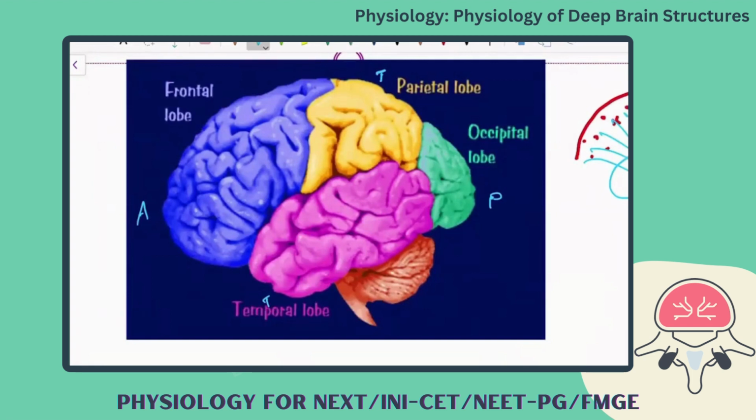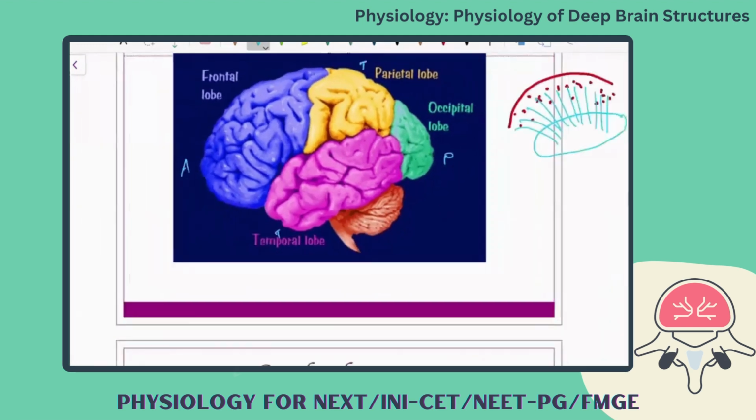You have two cerebral hemispheres, right and left. Both are connected together with the help of a structure called the corpus callosum, not dura mater, which is the outer covering of the brain. So the corpus callosum is the structure connecting the two cerebral hemispheres.